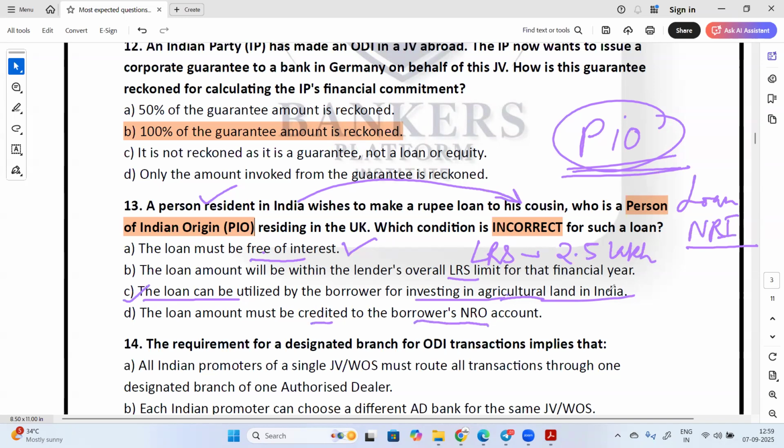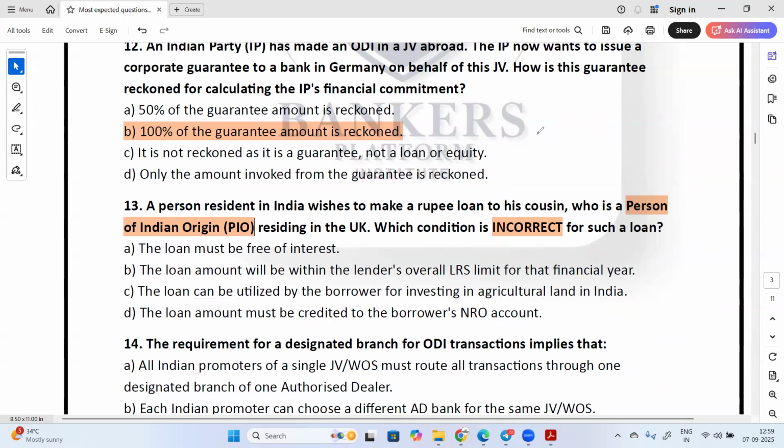Whenever you give any loan in a bank, like a loan against deposit, a housing loan for NRIs, or a vehicle loan for NRIs, these loans will always be credited in the NRO account. Remember this forever. In practical banking also, this is very important: any loan proceeds should be credited in the NRO account.